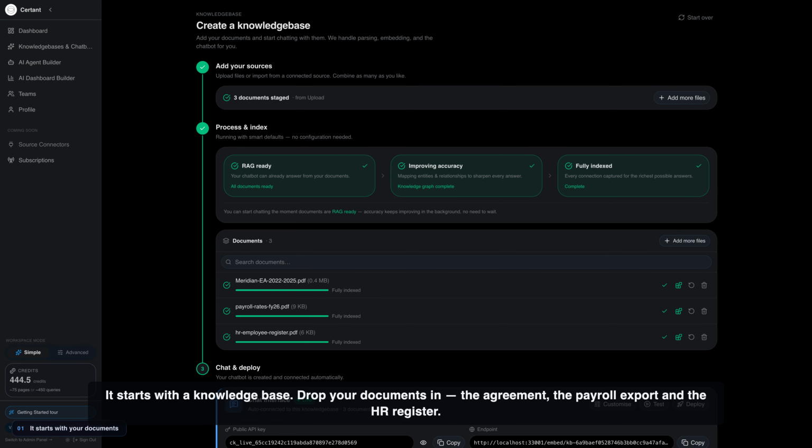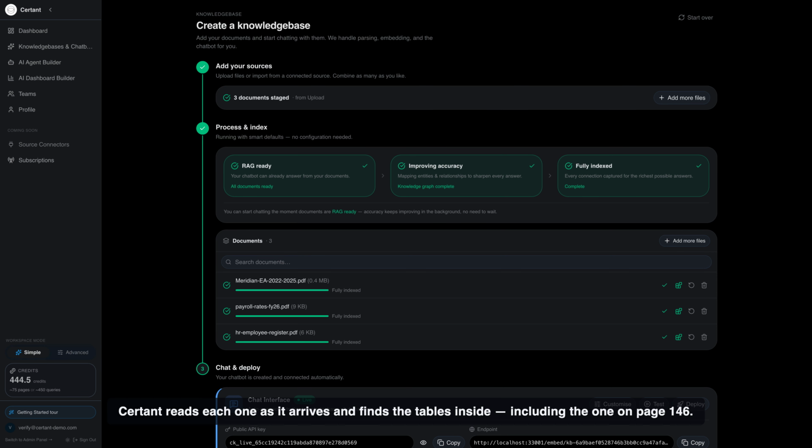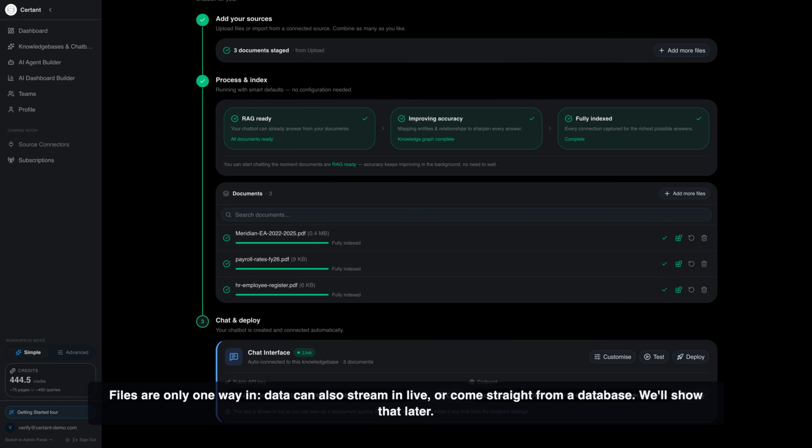Drop your documents in, the agreement, the payroll export, and the HR register. Certain reads each one as it arrives and finds the tables inside, including the one on page 146. Files are only one way in. Data can also stream in live or come straight from a database. We'll show that later.